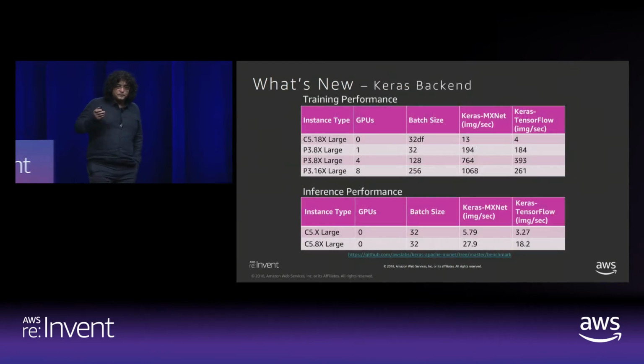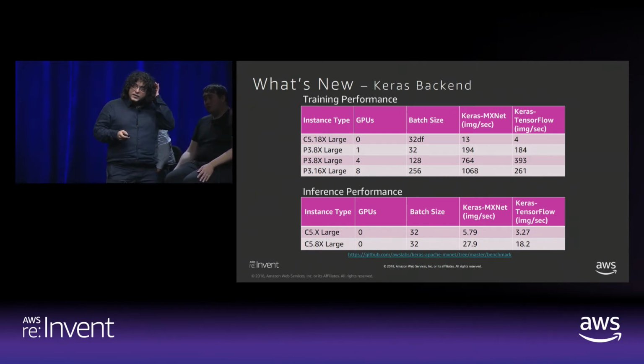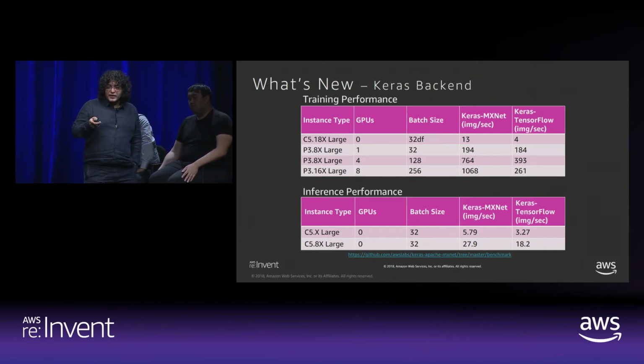That doesn't stop here. We recently introduced the Keras backend for MXNet. What you see in here is from GitHub. You can see some of the comparisons we have done for different batch sizes.